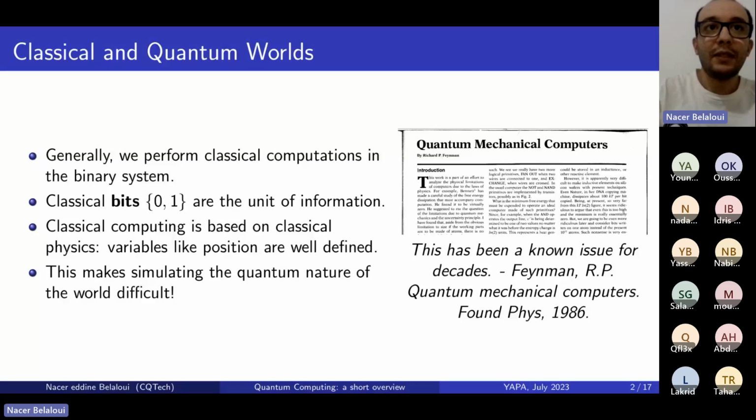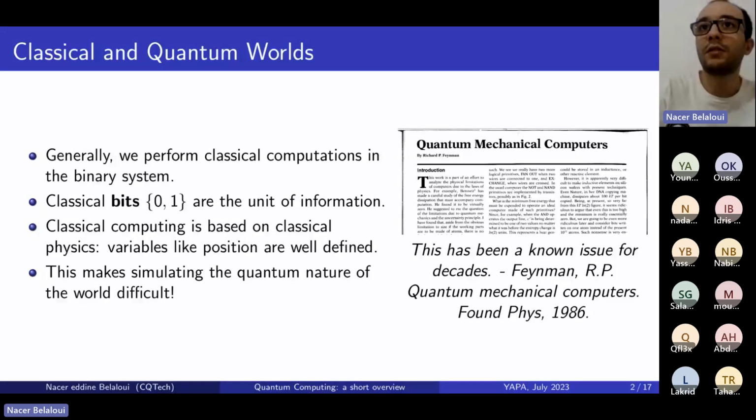Now, these properties are enough to make any sort of computation. Classical computers are completely equivalent to quantum computers in what they can compute, but they do not operate in the same way, since they are based on classical physics. Simulating the quantum nature of the world becomes very difficult, and this has been known and discussed already.